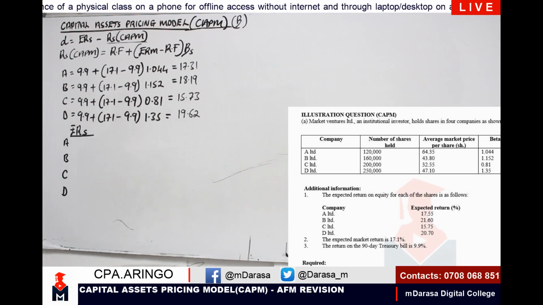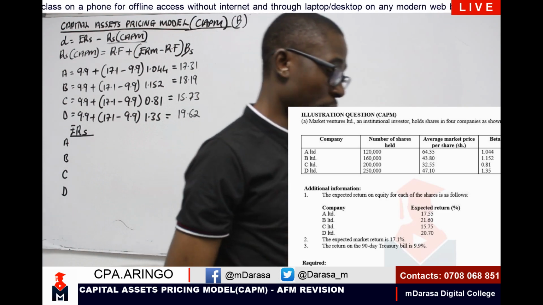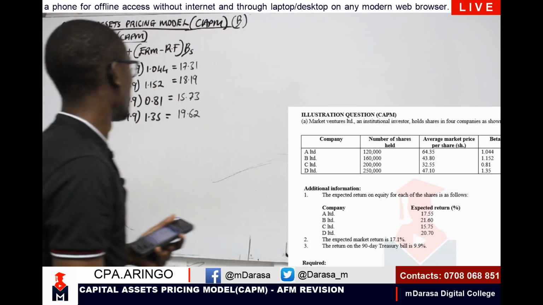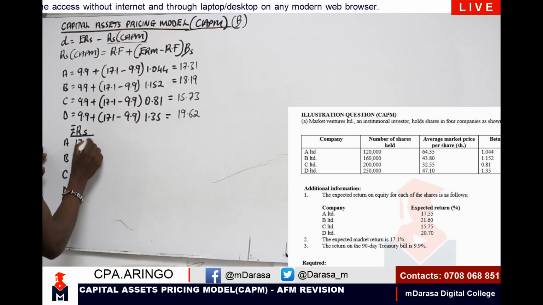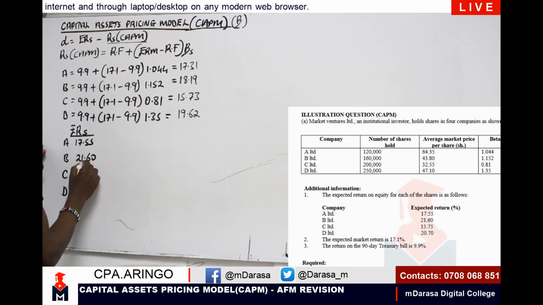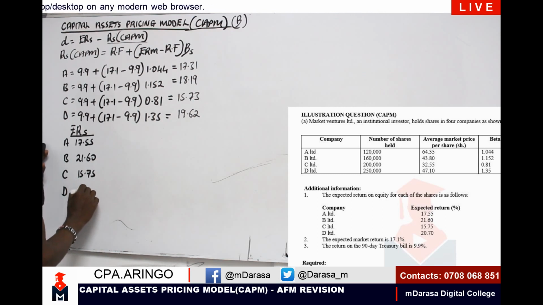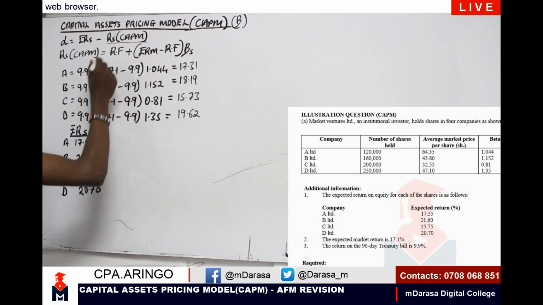Of course, I was given, look at note number 1, expected return: we had 17.55, 21.60, 15.75, and finally 20.70.